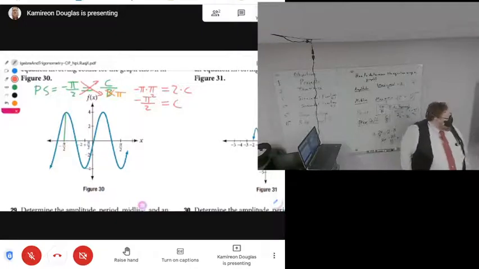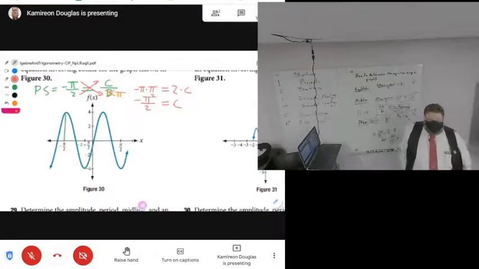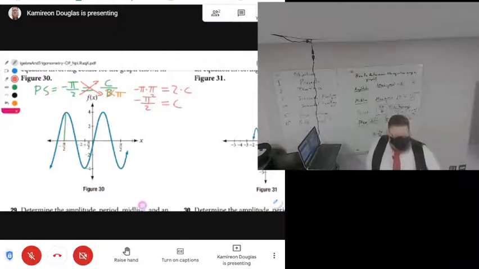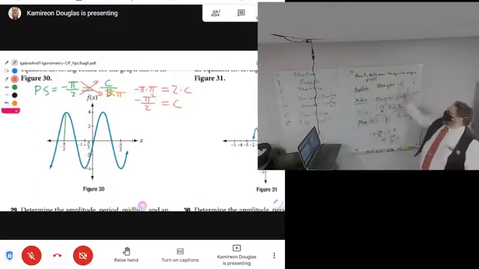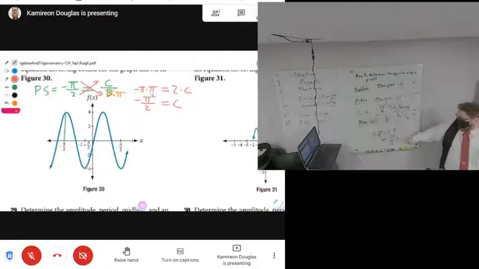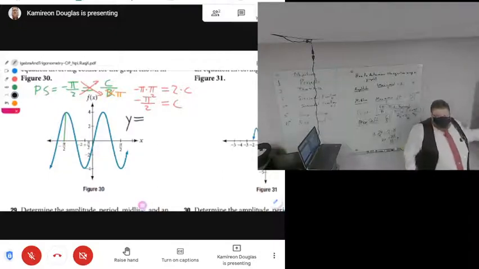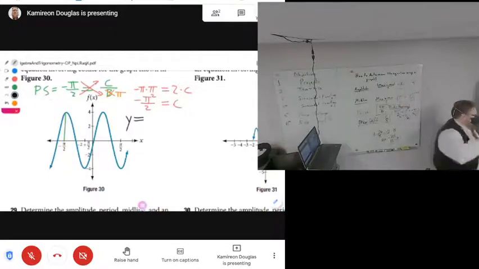And so my c is negative pi squared over 2. Pretty neat. Okay. I have a, b, c, and d. Let's look into our equation. Our equation is y is equal to a. My a value? 4.